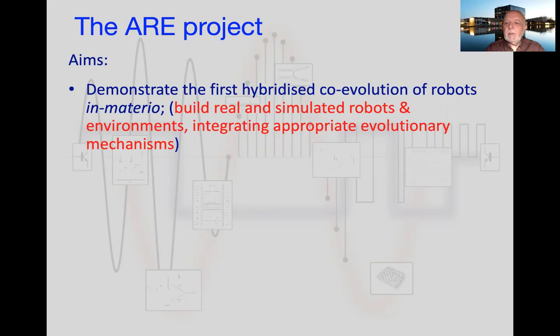And what we want evolution to do is take maybe a real robot and a simulated robot as parents to create the next generation of robots. So that's where the hybridization comes in. And we want to build the environments, both in simulation and in the real world, to perform experiments on these robots.